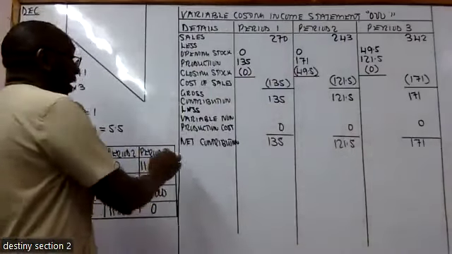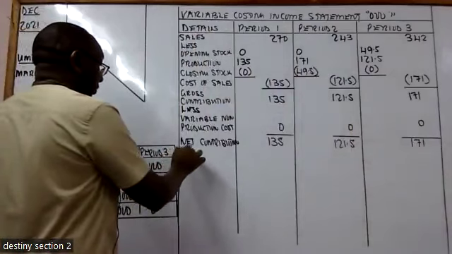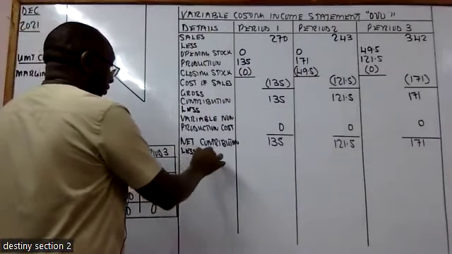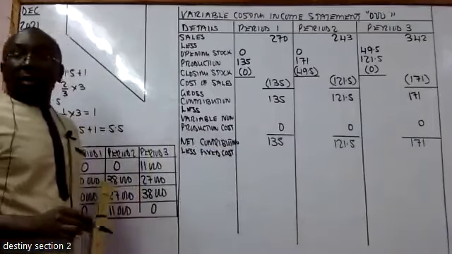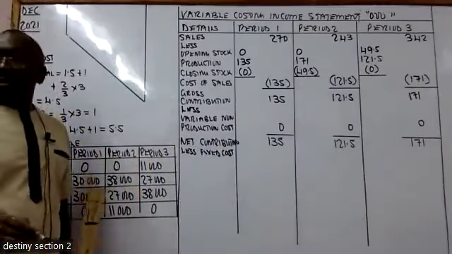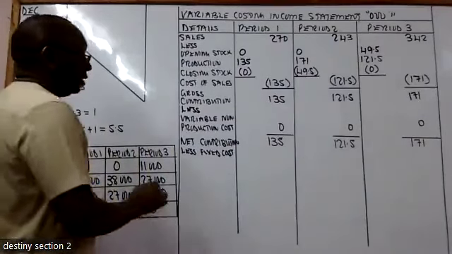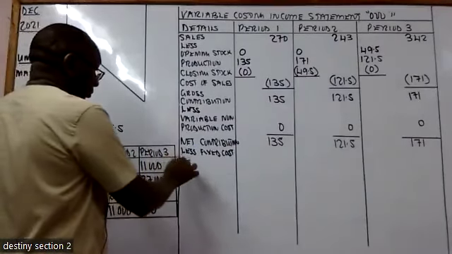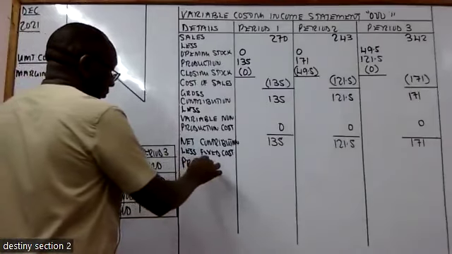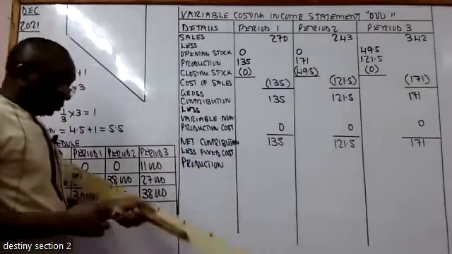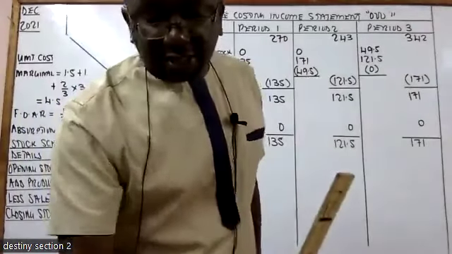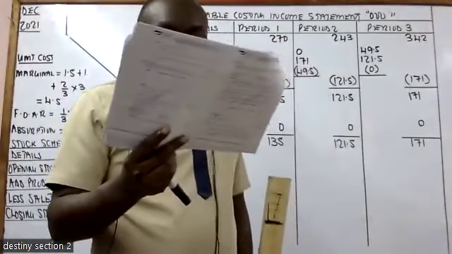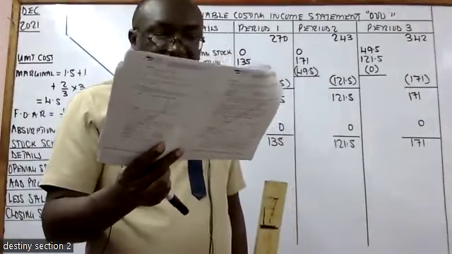Then you say less fixed costs. In the fixed costs, we start with production. Now, production, the fixed ones, we are told that they were based on a production activity of 30,000.